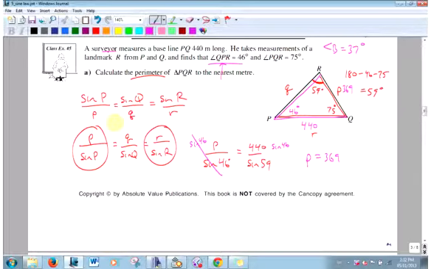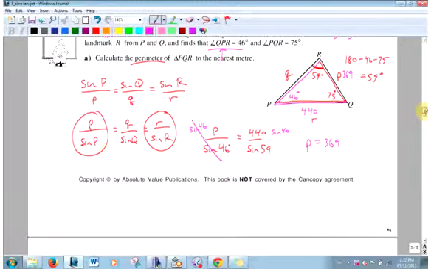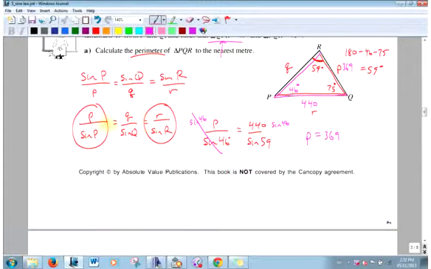I need to get the perimeter. Okay, which ratio do you want to use? It doesn't matter because I know everything else. Q over sine of big Q is R over sine 59, times both sides by sine 75.